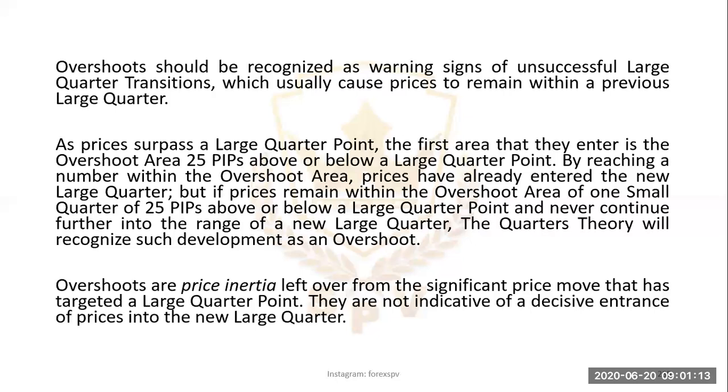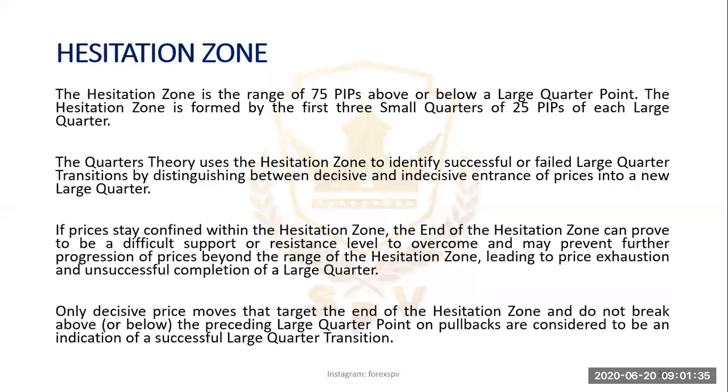And by reaching that number, we look for a sign of weakness, when price stays within that range and forms a sign that it may reverse. Then we know that there is a successful quarter transition. But we have the hesitation zone.